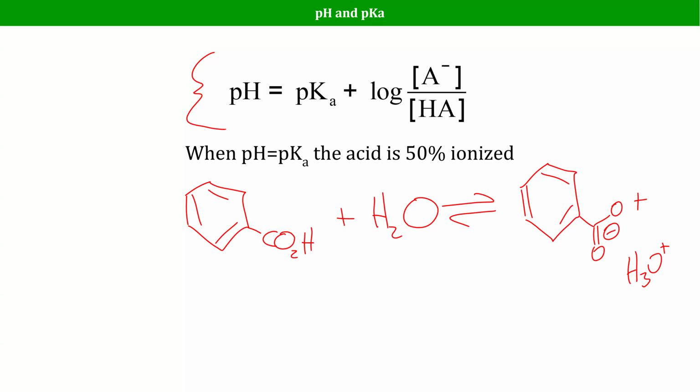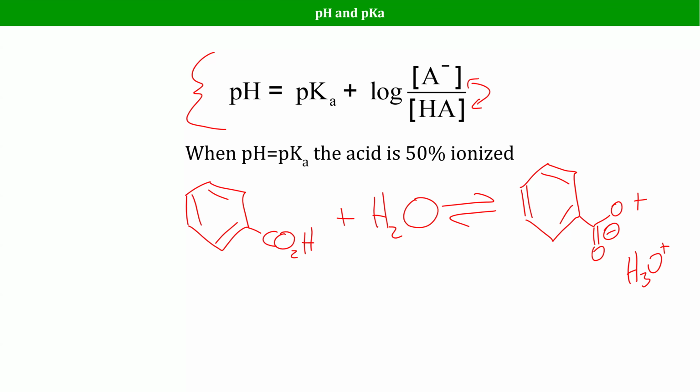Because what happens if you have equal amounts of the protonated and the deprotonated? What happens to that ratio? It's just one, right? What is the log of one? Zero.